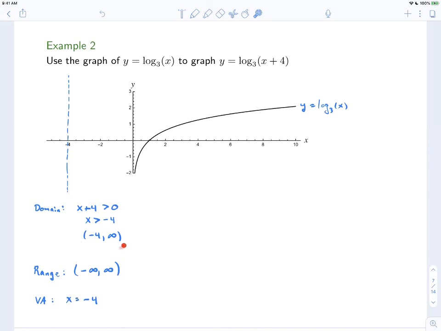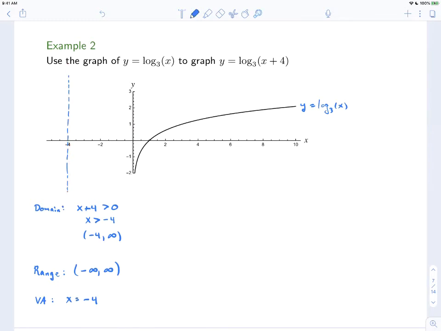Because the domain goes from negative 4 to infinity. Everything's shifted over by 4. The graph of y equals log base 3 of x has a vertical asymptote at x equals 0, and everything's shifted over by 4. So that's why the endpoint of the domain, negative 4, gives you a vertical asymptote.